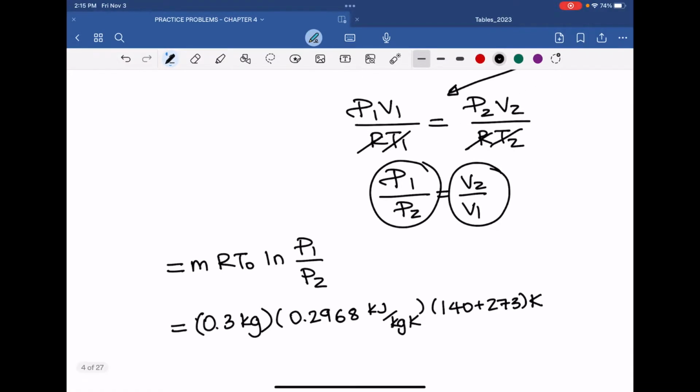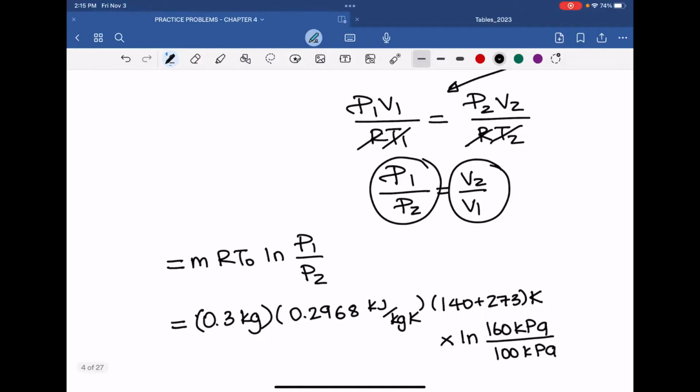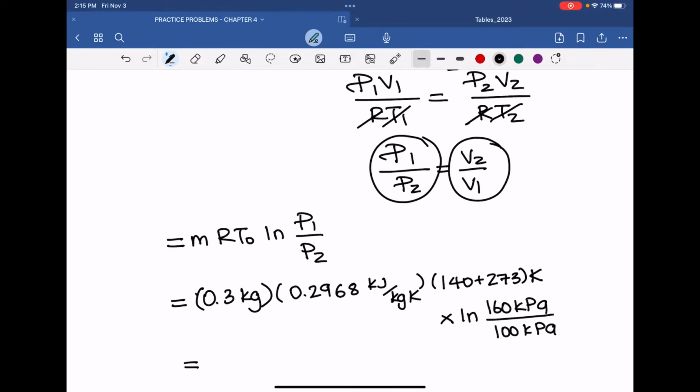And we need to continue here, multiply this with ln P1 over P2. P1 is given to us and it was 160 kilopascal. And P2 is given as 100. So if you do that correctly, the boundary work is 17.5 kilojoules.